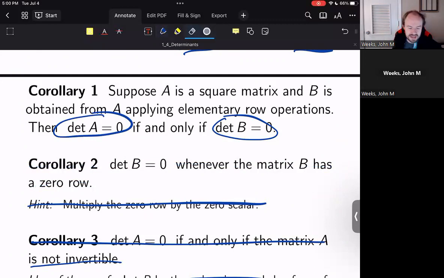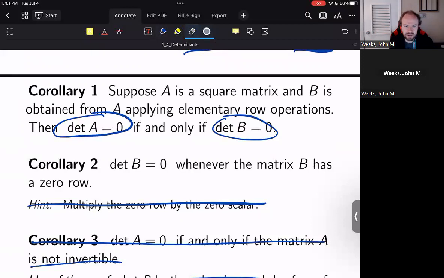Then corollary 2 says that the determinant of B equals 0 whenever the matrix B has a 0 row. Well, this is something that we can go back to the explicit definition and be convinced of, since we know that every term in our sum from our explicit definition has one element from each row.